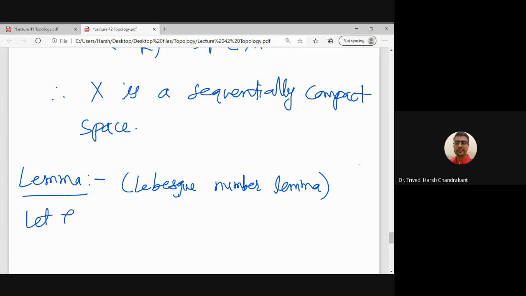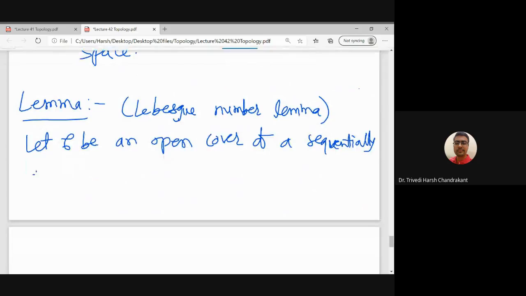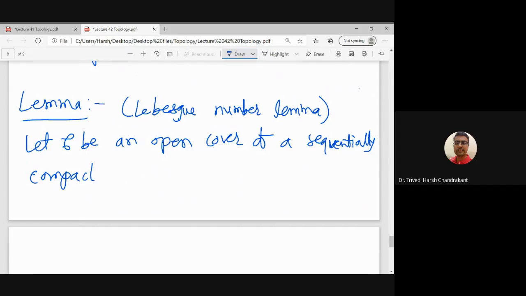So let C be an open cover of a sequentially compact metric space.